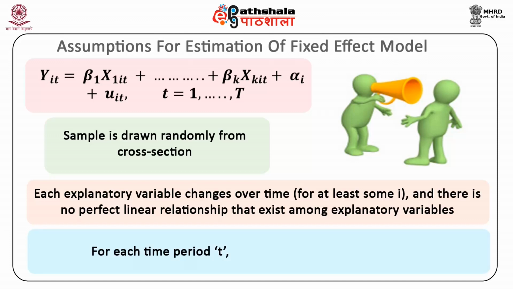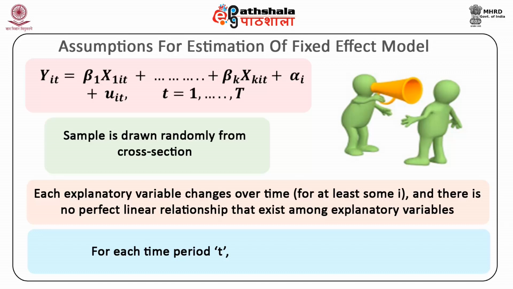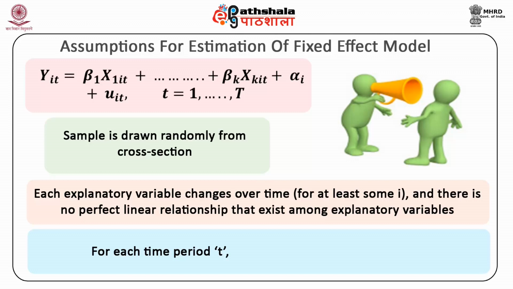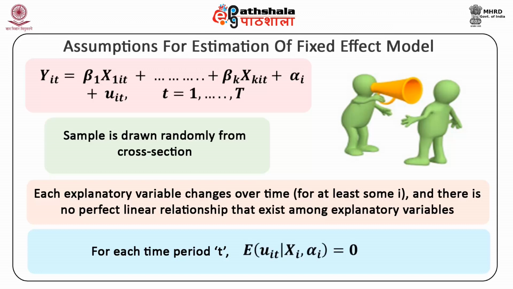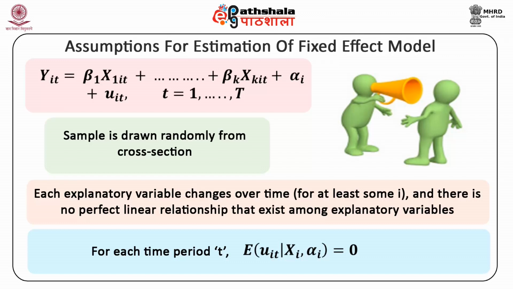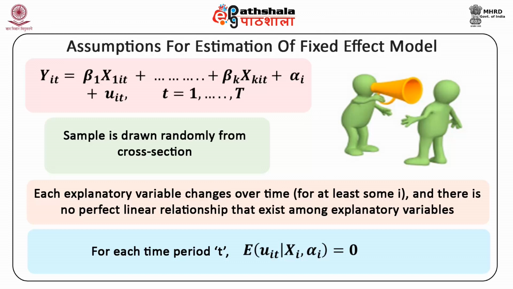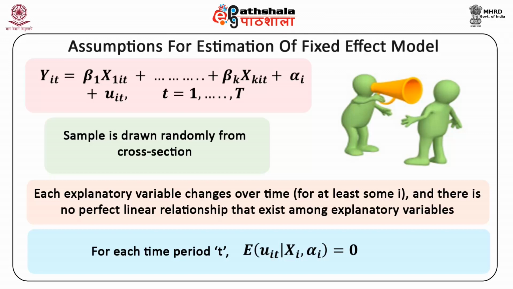The fourth assumption is that for each time period t, the expected value of the idiosyncratic error given the independent variables in all time periods and the unobserved effect is 0. That means the expected value of u_it given x_i and alpha_i is equal to 0. Assumption 4 is the key assumption, stating strict exogeneity.